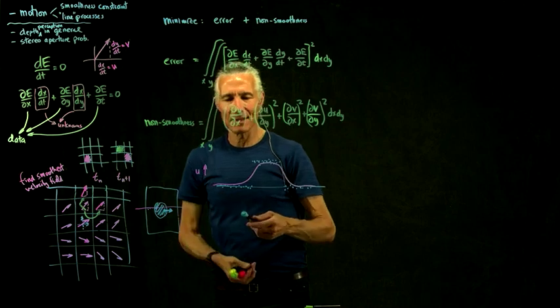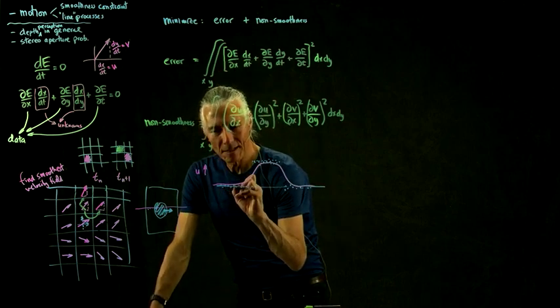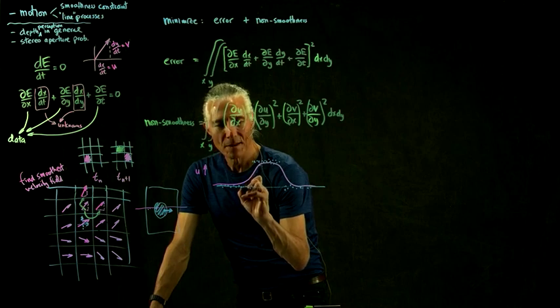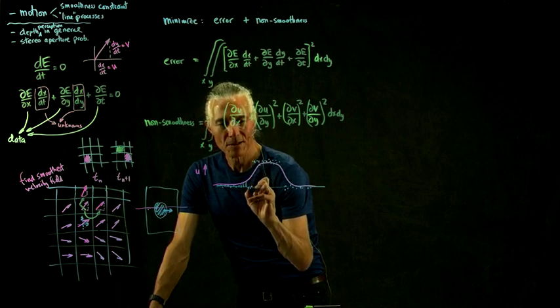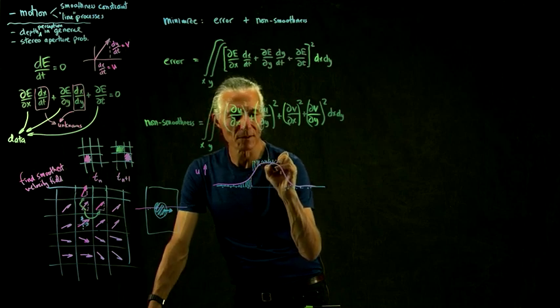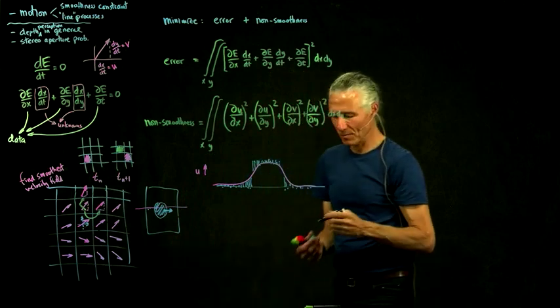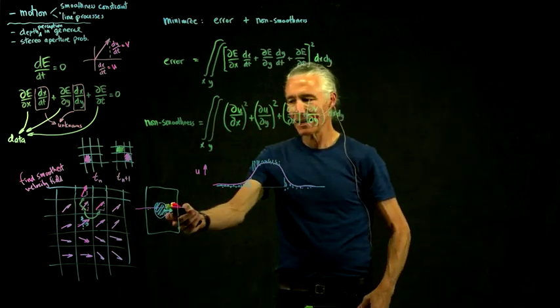And so what is the error? Well, the error is all these little offsets from the actual data to our smooth solution. Finding the smoothest solution. So the velocity will be off because we found a smooth solution instead of one that had a sharp edge in it.